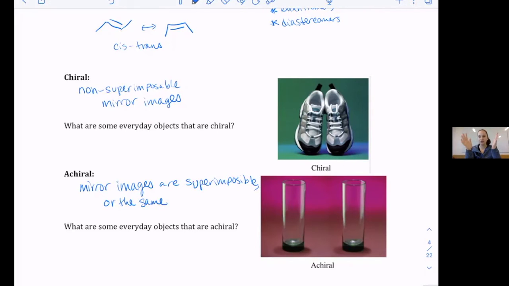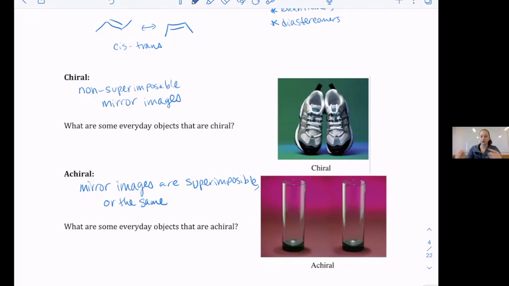My left hand is the mirror image of my right hand, and my right hand is the mirror image of my left hand. However, if I take my two hands and put them on top of each other, they don't match, right? My thumb isn't in the same place for each of my hands. They are mirror images of each other, but they do not overlap to form the same thing. Achiral things, when you take the mirror image and put them on top of each other, they're the exact same thing.